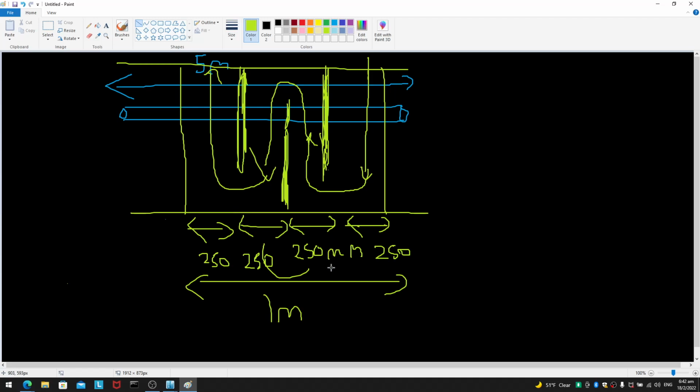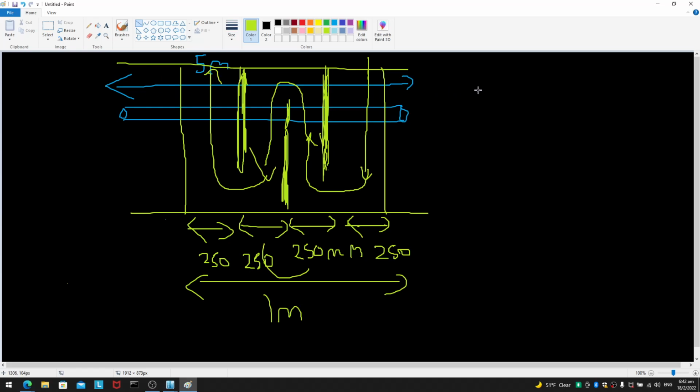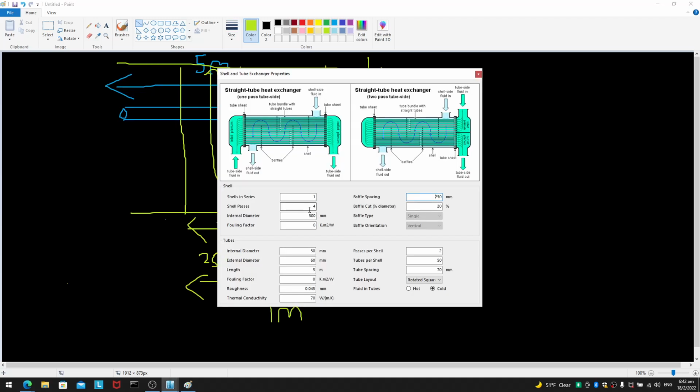So this is something you have to think about on your own and consider, because the whole length of the tube is 5 meters, but if you consider how many times you pass through on the shell side, it's 4 times you pass through, and then you exit out.